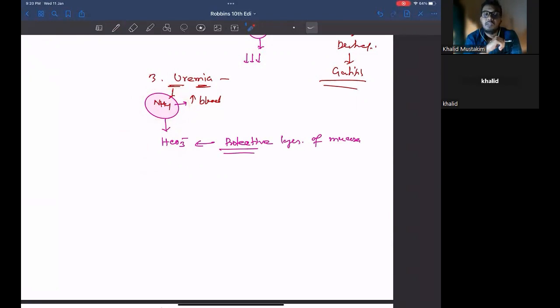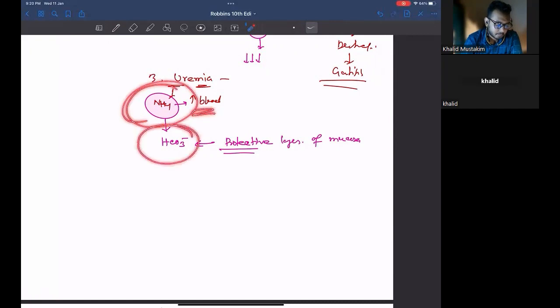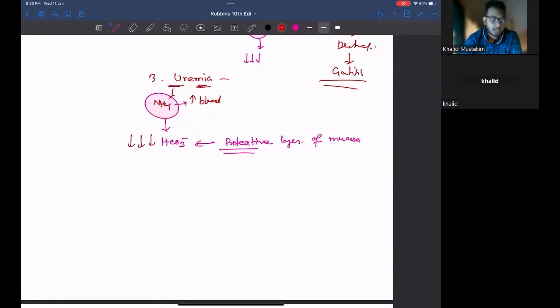But what happens here is that ammonium ion has increased so much in the blood, and the patient has uremia. So if there is so much ammonium ion in blood, the bicarbonate ion will start decreasing. And when the bicarbonate ion starts decreasing, the protective layer of the mucosa also becomes weak.